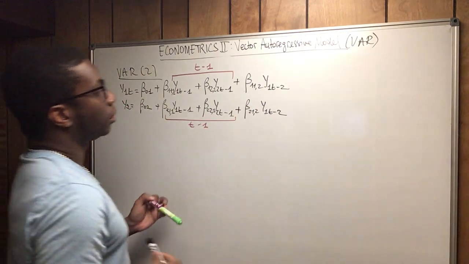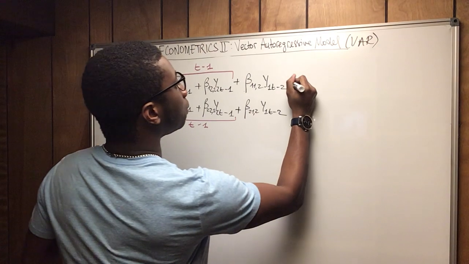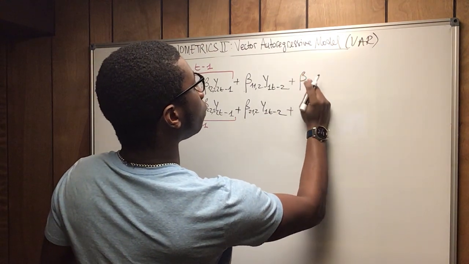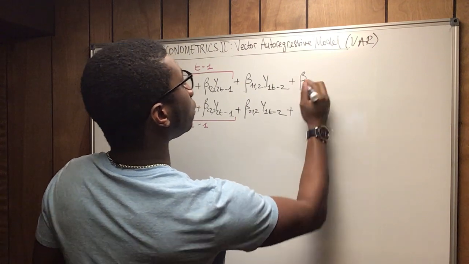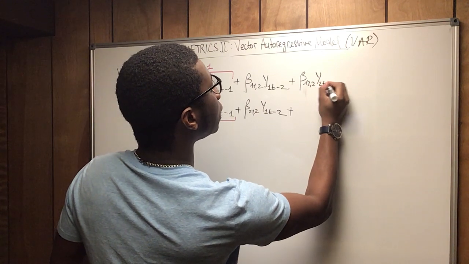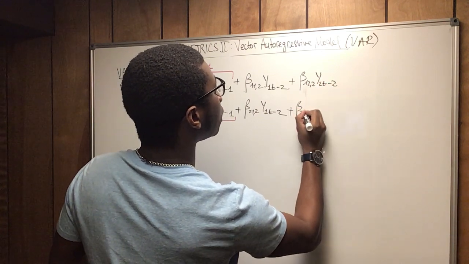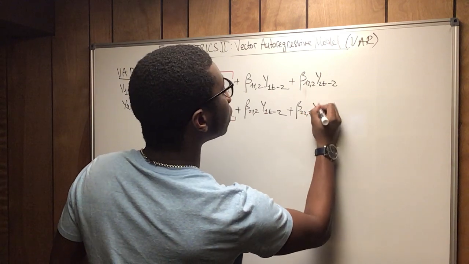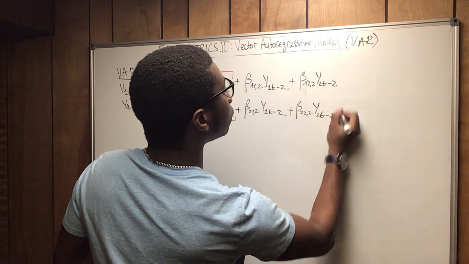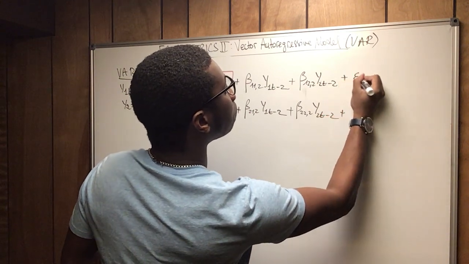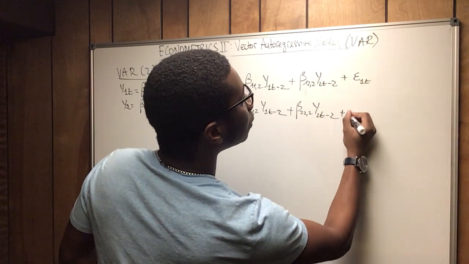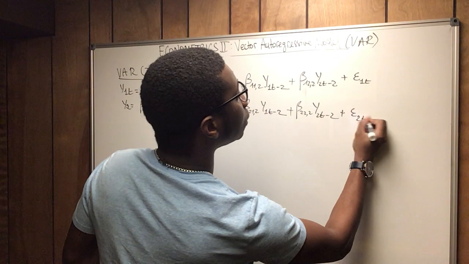Okay, so we keep going here. Plus beta 12, 2 times y2t minus 2, beta 22, 2 times y2t minus 2, plus epsilon 1t plus epsilon 2t.